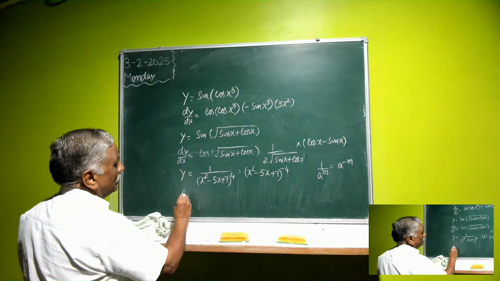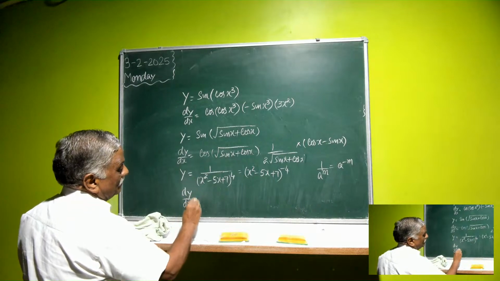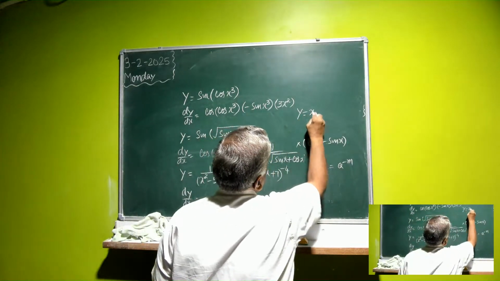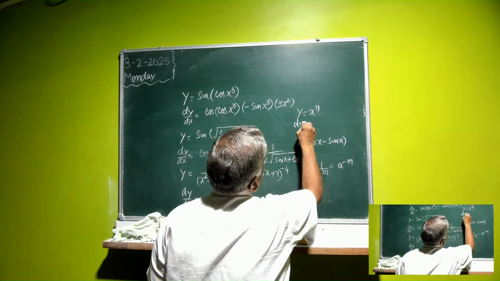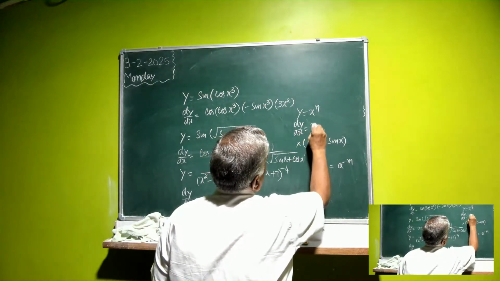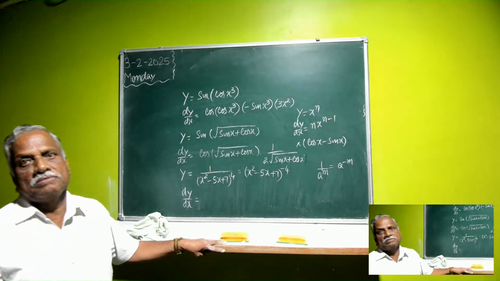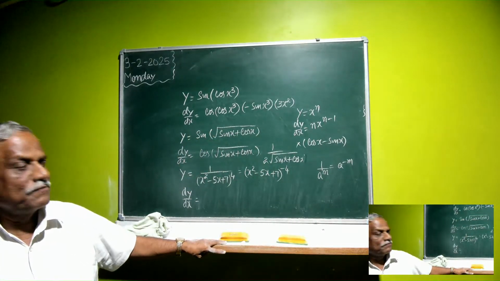Now, dy by dx equals, you have to recall this, y is equal to x to the power of n. Dy by dx is n x to the power of n minus 1, where n can be positive, negative or fraction.